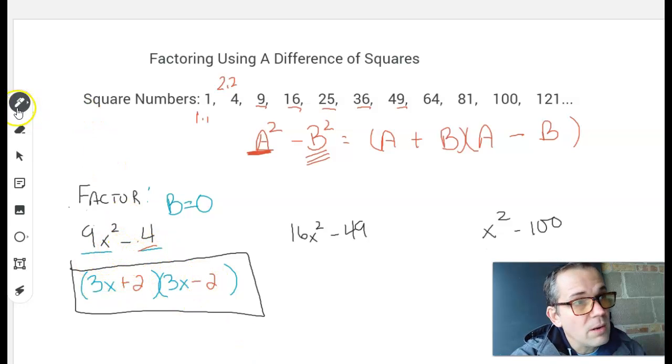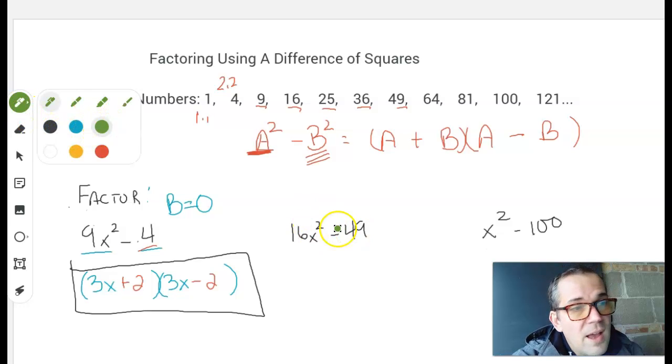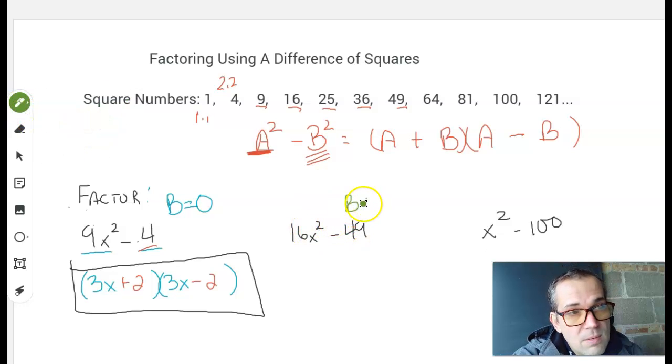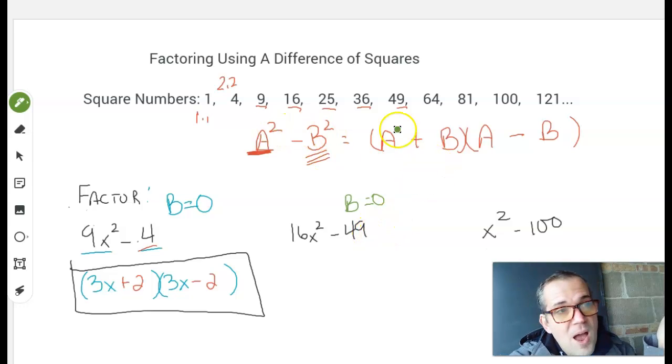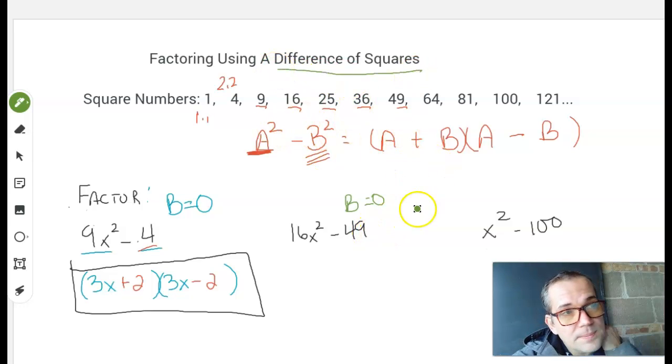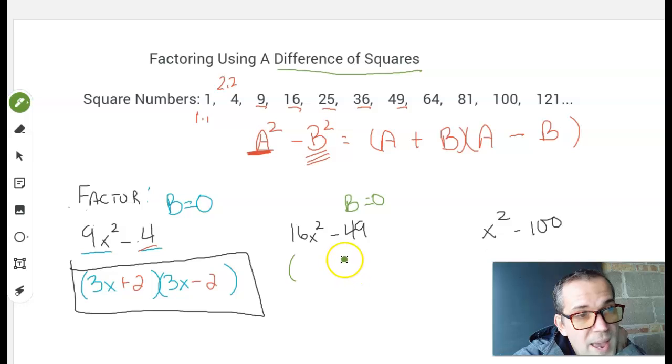Let's try the next one. Don't overthink this. That's the key. I notice that b is 0. So that tells me it's probably this difference of squares. So I'm going to just slap down some parentheses, and whatever multiplies by itself to give you this, that's going to go in the first half of each parenthesis. 4x and 4x would give me 16x squared.